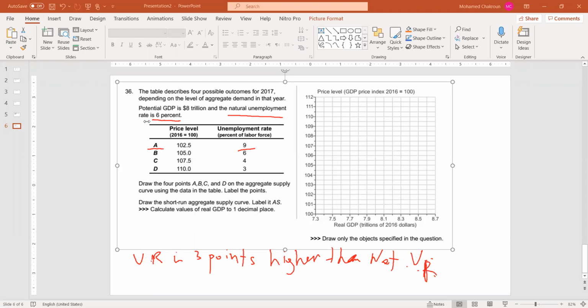As a consequence, real GDP is 6 points below potential GDP.